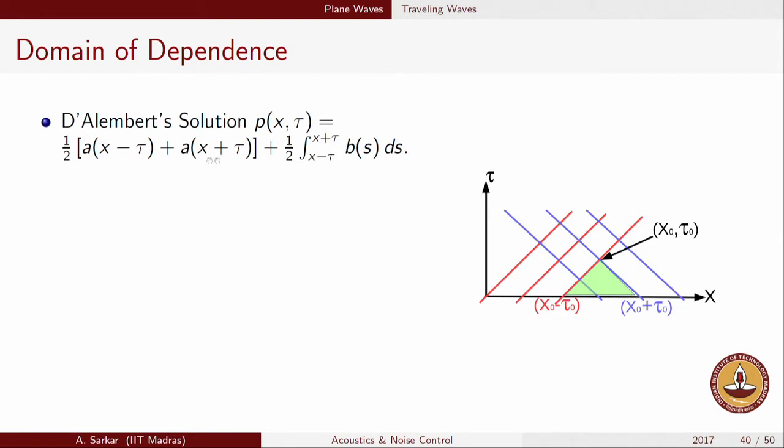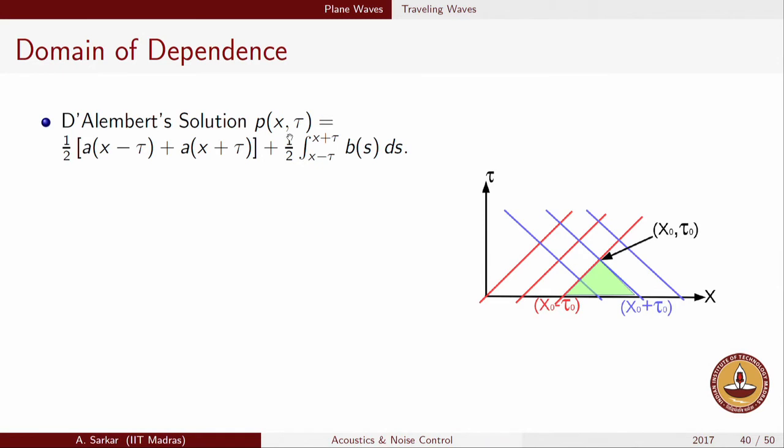So, whatever are the end points for A, within these end points if you perform the integration, that integration over the region of B will obviously have some dependency on the solution of P at x comma tau, right. So, therefore, the solution at x comma tau will depend firstly on the boundary points of this triangle, but it will also depend upon this entire interval within this region.